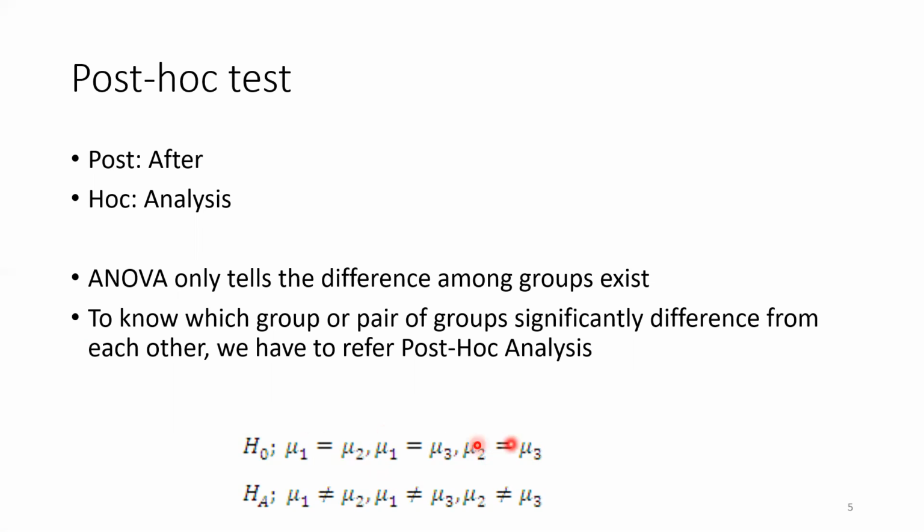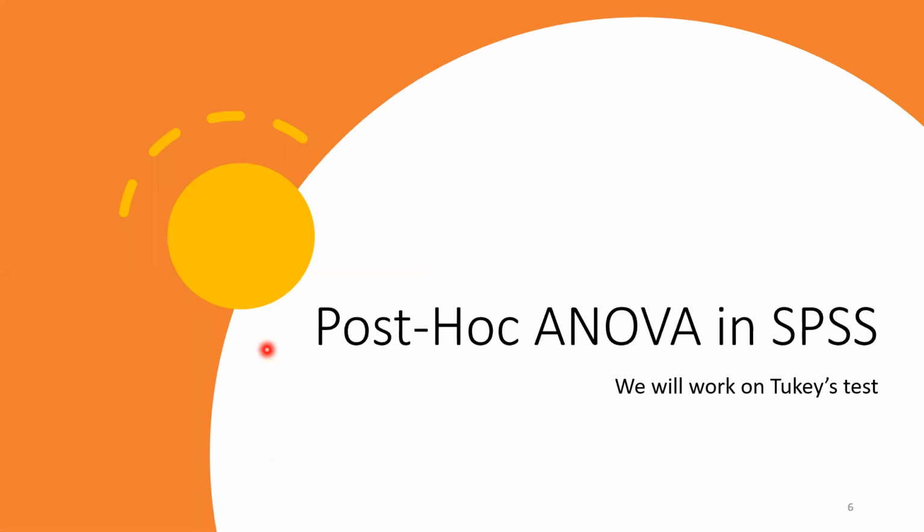Corresponding to each null hypothesis, we have an alternative hypothesis: mu1 equals mu2, mu1 is not equal to mu2; mu1 equals mu3, mu1 is not equal to mu3; and mu2 equals mu3, mu2 is not equal to mu3. Conventionally, we do not write all the steps of the hypotheses for this, so we proceed towards the analysis here.